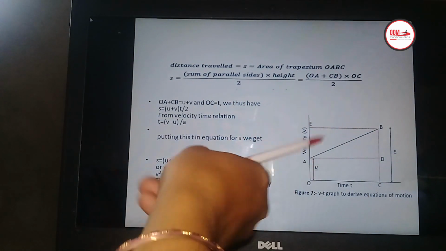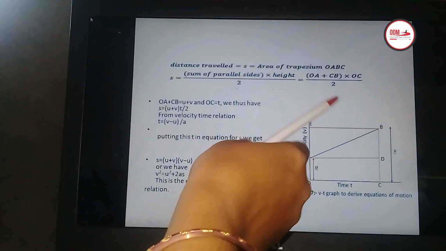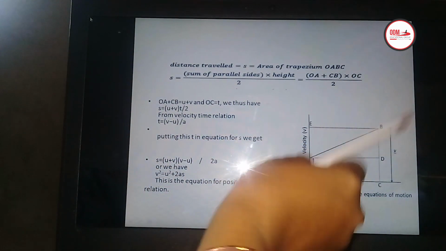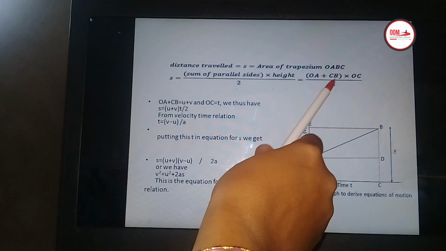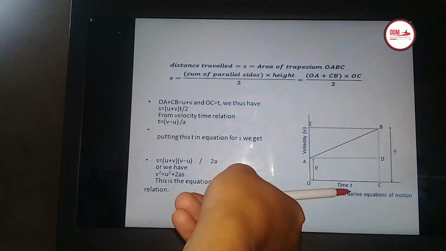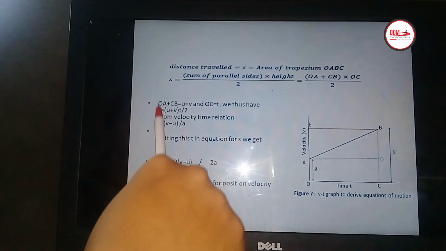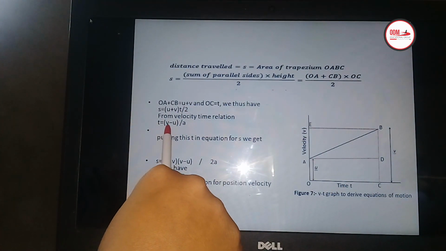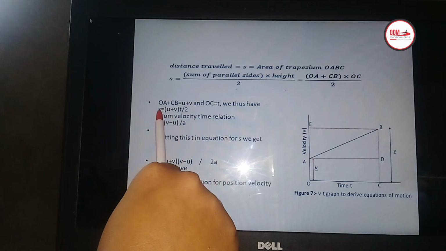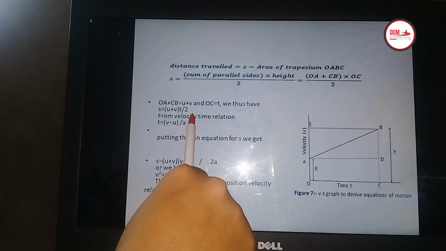OA is u, BC is v. So u plus v into OC, which is t, divided by 2. So s is equal to u plus v into t by 2.